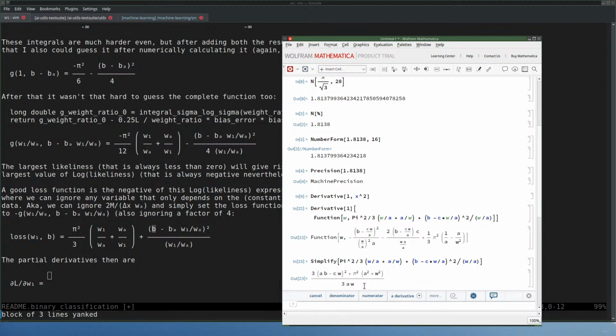Maybe that's a better way to write it. A times W. That's interesting. I guess I just multiplied top and bottom with WA.